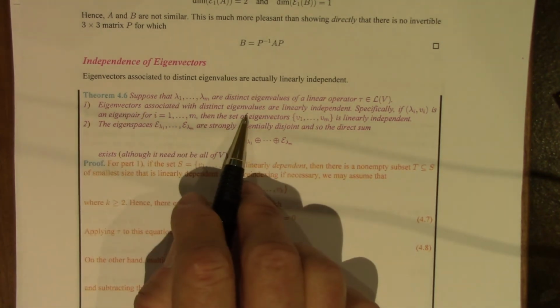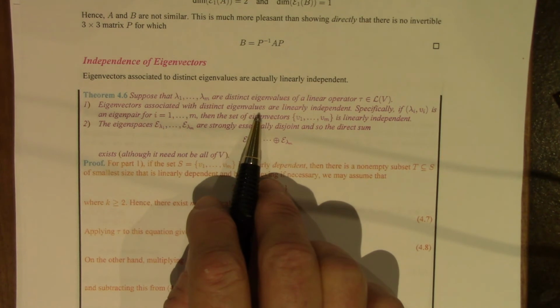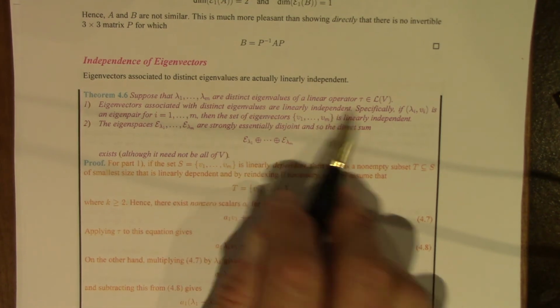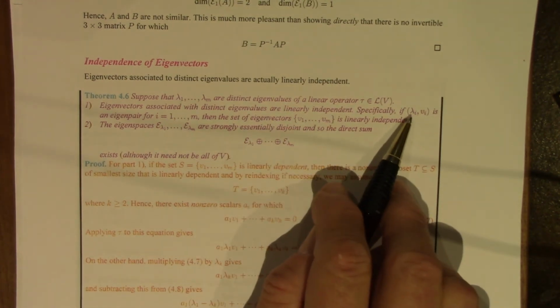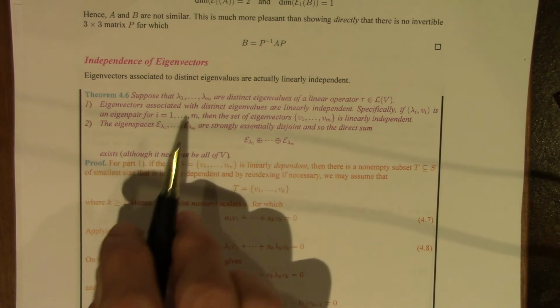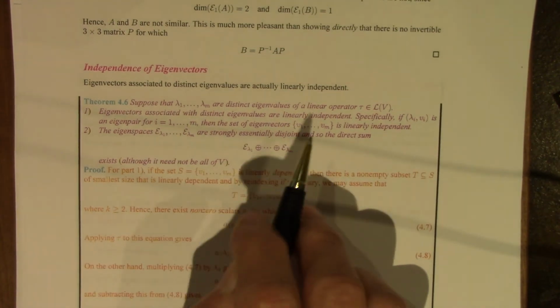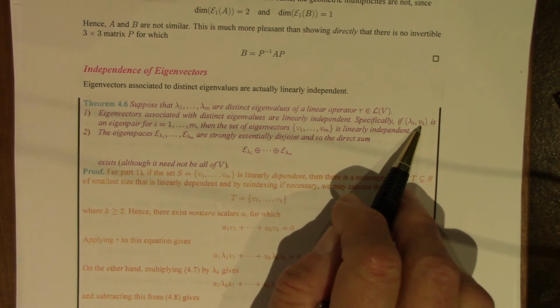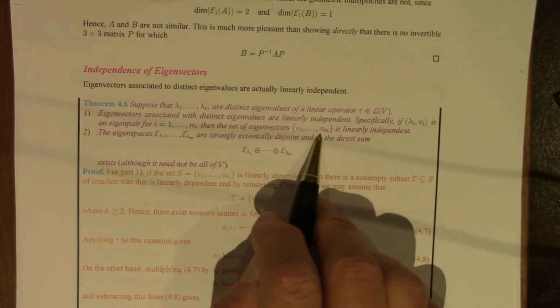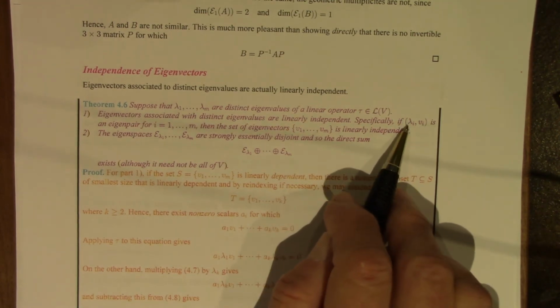Eigenvectors associated with distinct eigenvalues are linearly independent. So specifically, if lambda i, v i is an eigenpair for each i, 1 to m, then the eigenvectors v1 through vm are linearly independent. These are eigenvectors associated with distinct eigenvalues.